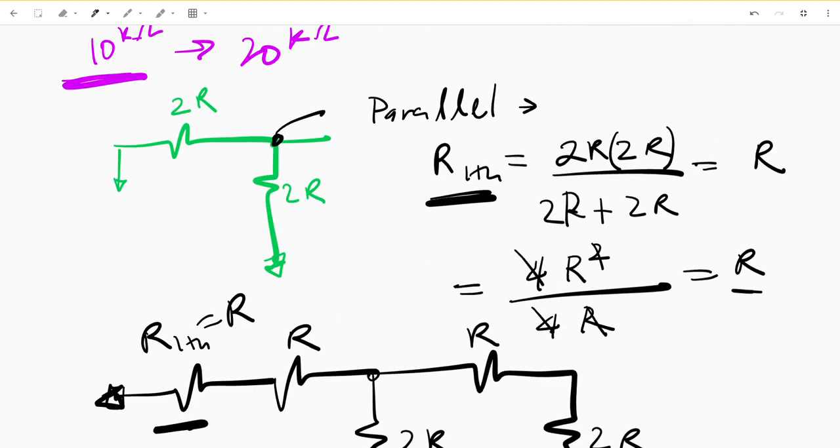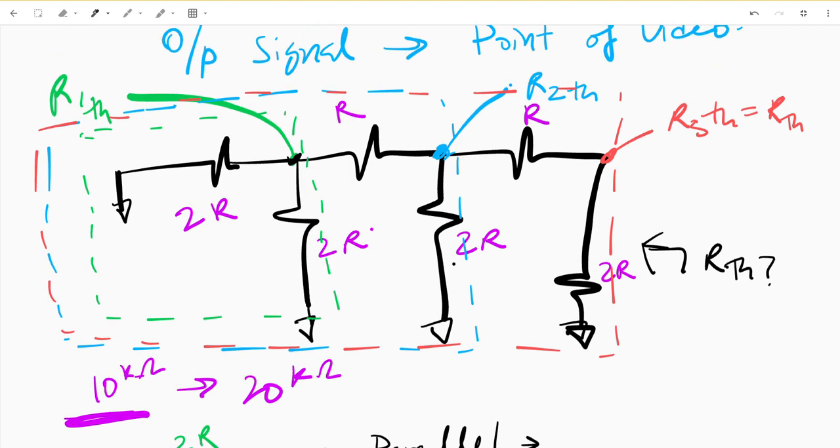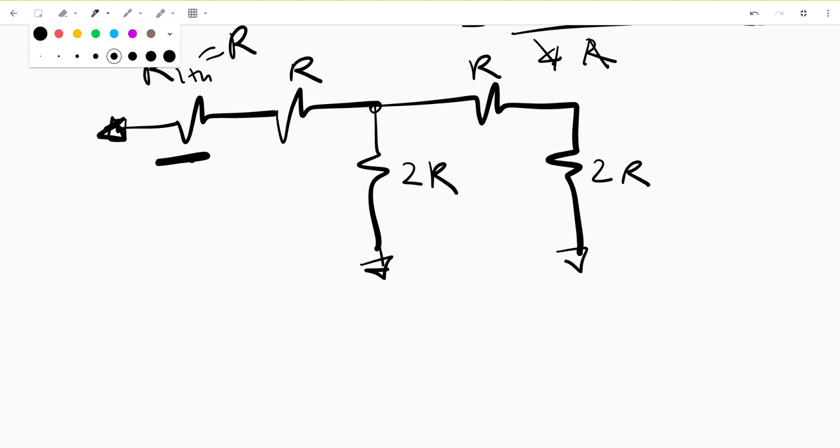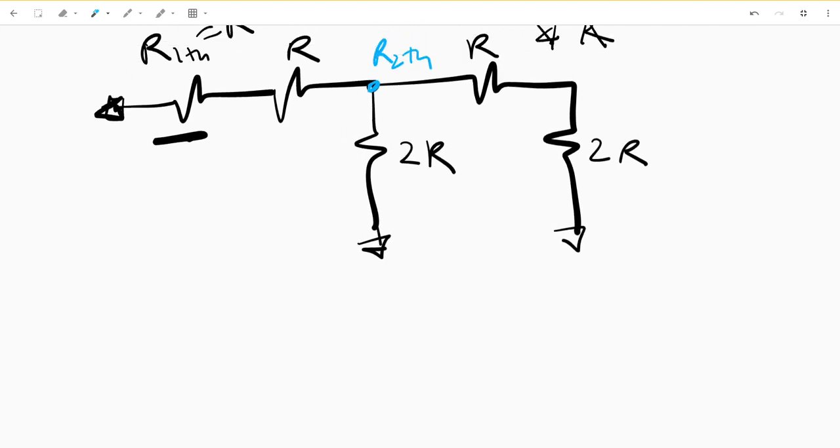And now we want to solve for our blue dash line, which is R2TH.